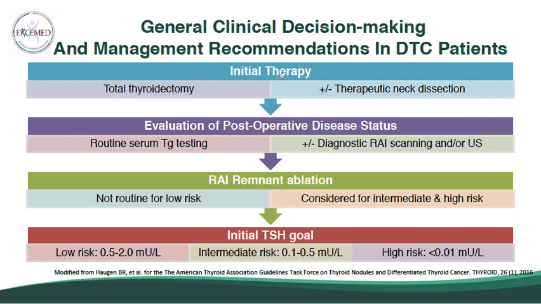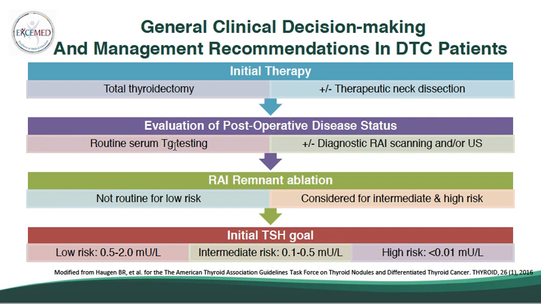So the initial therapy is of course total thyroidectomy with or without neck dissection, depending on the intraoperative findings and the judgment of the surgeon. And after thyroidectomy, you evaluate post-operative disease status. So you do a thyroglobulin test.